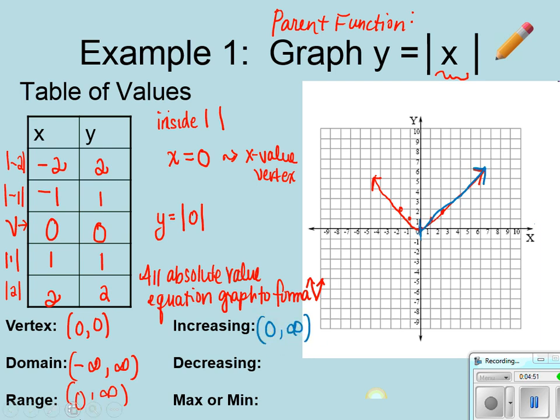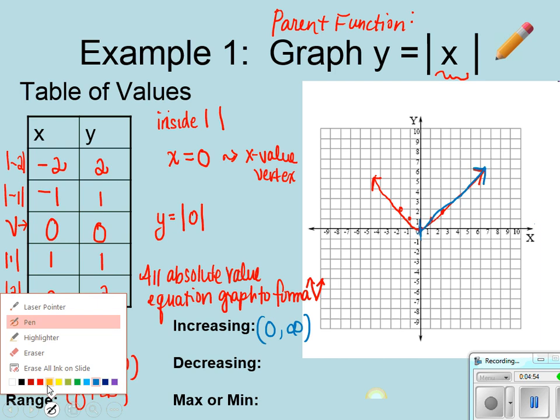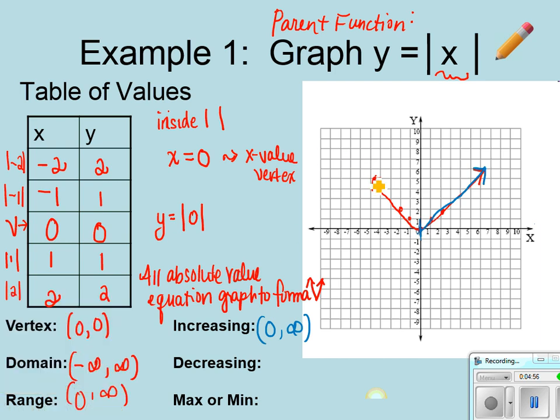Where is the graph decreasing? The graph is decreasing on this left side. It's decreasing from negative infinity, because this keeps going forever, all the way to 0. And remember, these are x values, okay?